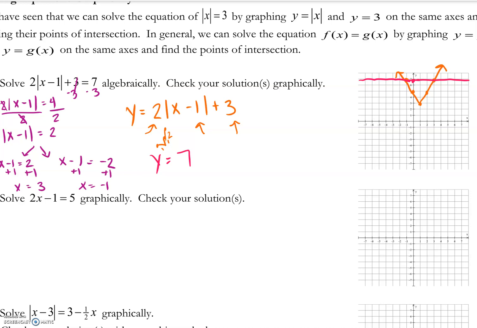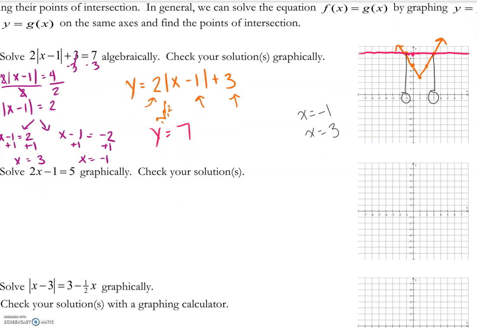If I look down and see what the x values are where I hit the absolute value function, I see that my x values are negative 1 and x equals positive 3, which is what I got when I solved algebraically. So it's a way to solve an equation both algebraically and graphically. It's a really good way to check your work and to show two different methods.